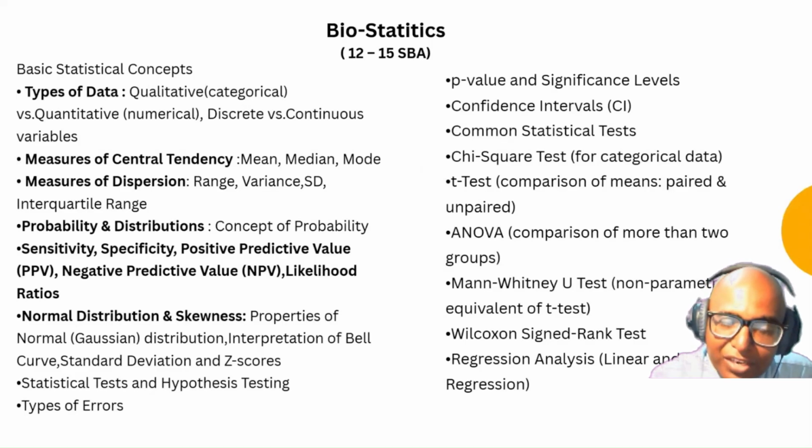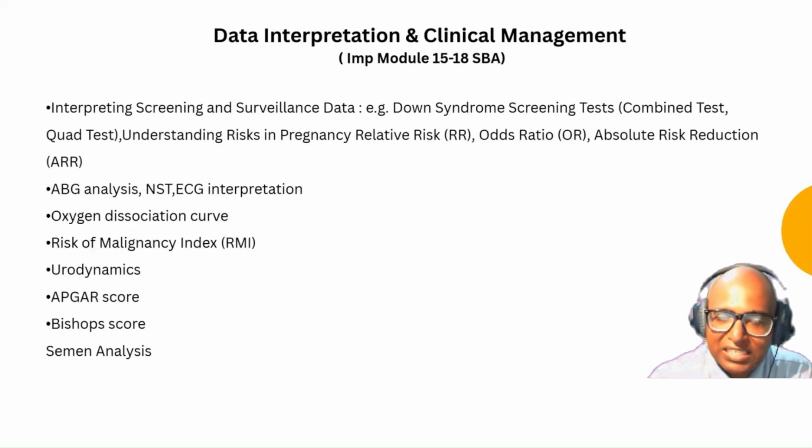Okay, different features of the diagnostic test like sensitivity, specificity, positive predictive value, negative predictive value, likelihood ratios, and various types of statistical tests like chi-square test, t-test, ANOVA test. These are expected from biostatistics.